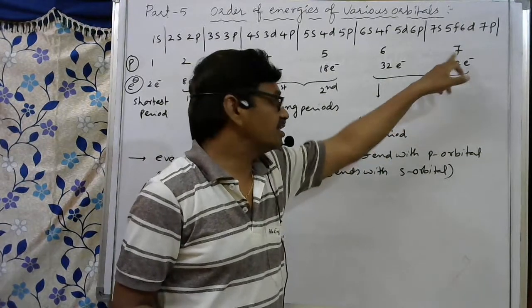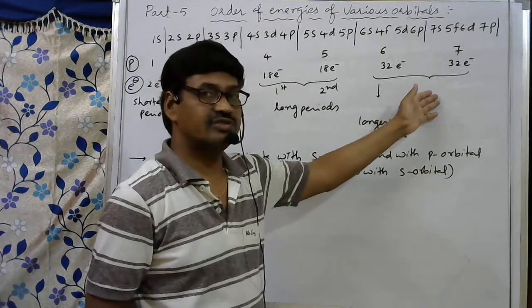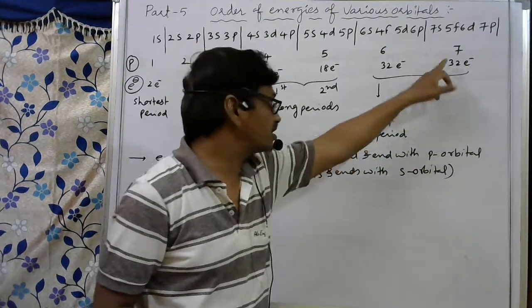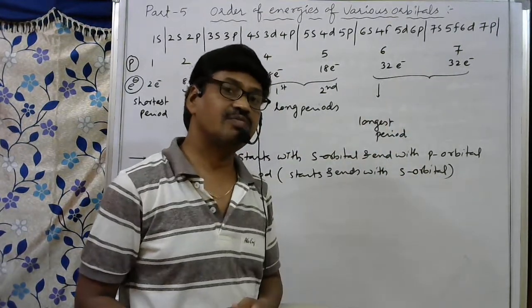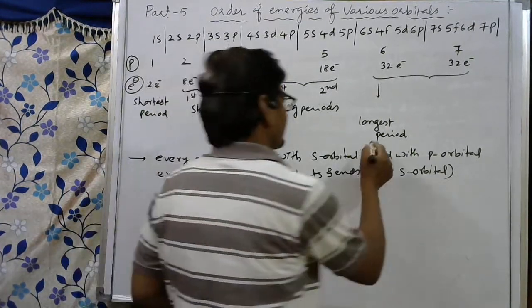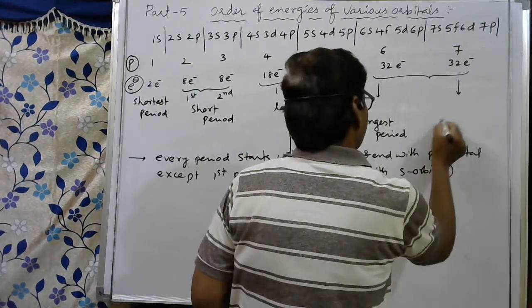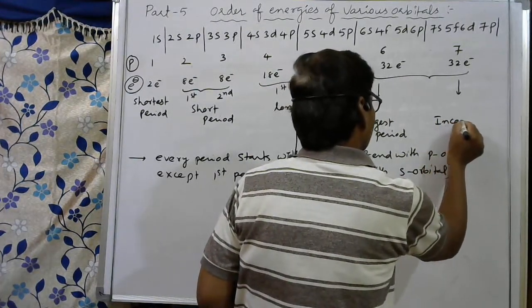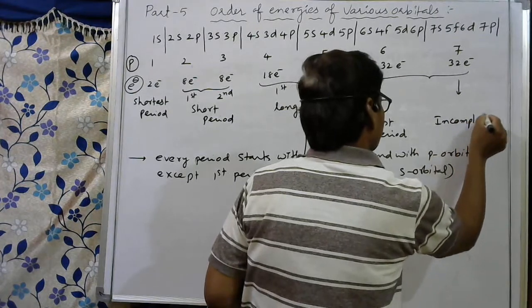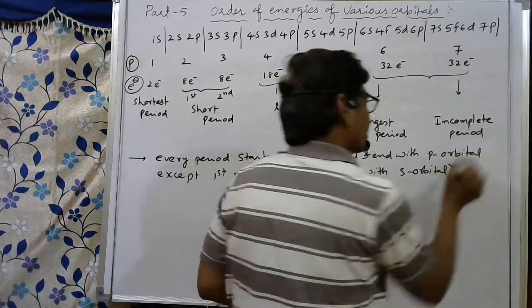Earlier in the seventh period, fewer than 32 elements were there, so we considered the seventh period an incomplete period. This is incomplete because all 32 electrons are not present. Incomplete period as per the earlier concept, not now.